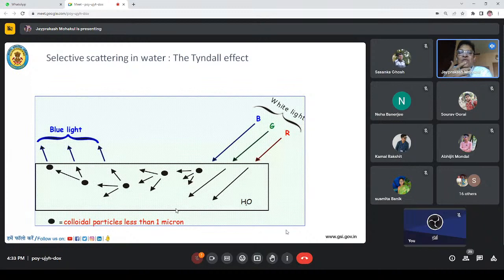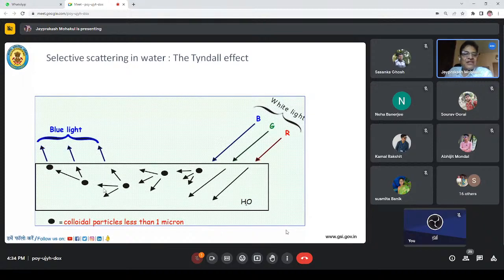This is also the reason behind what is known as the Tyndall effect, right? You have the ambient white light having blue, green, and red light. It passes through colloidal particles less than 1 micron.